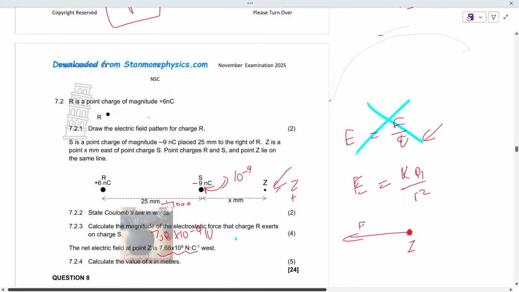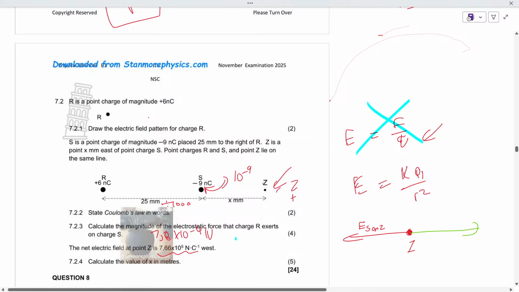So that is the E-net of S on Z. And then there will also be the force of R on Z. R is positive, Z is still positive, so it will repel.